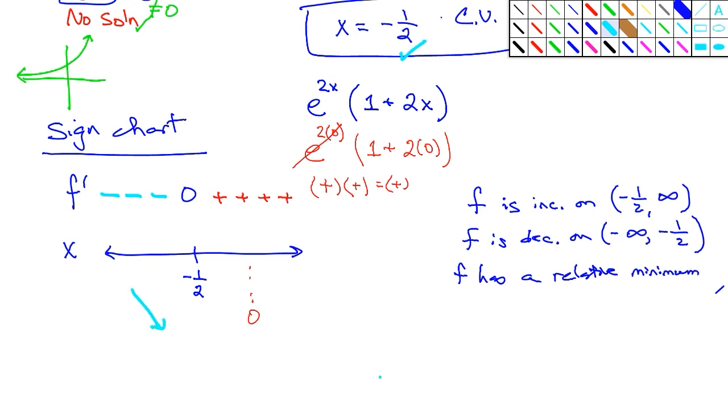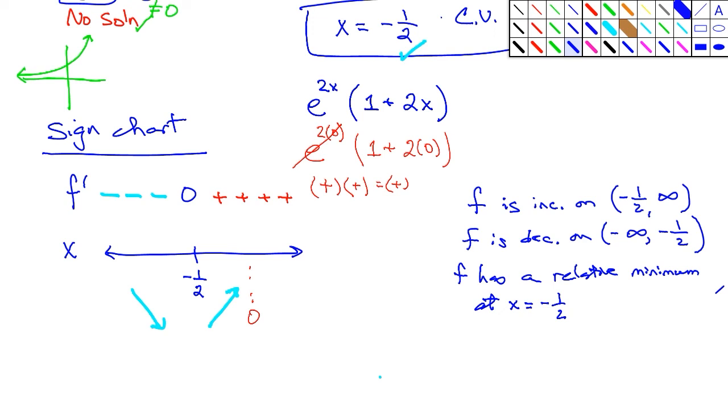Because it's decreasing followed by increasing at x equal negative 1/2. And it's only a relative minimum at this point because it's decreasing followed by increasing.